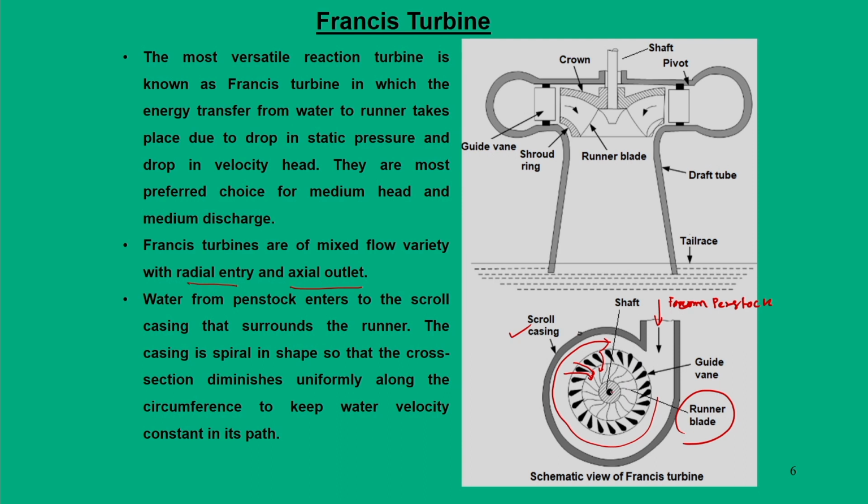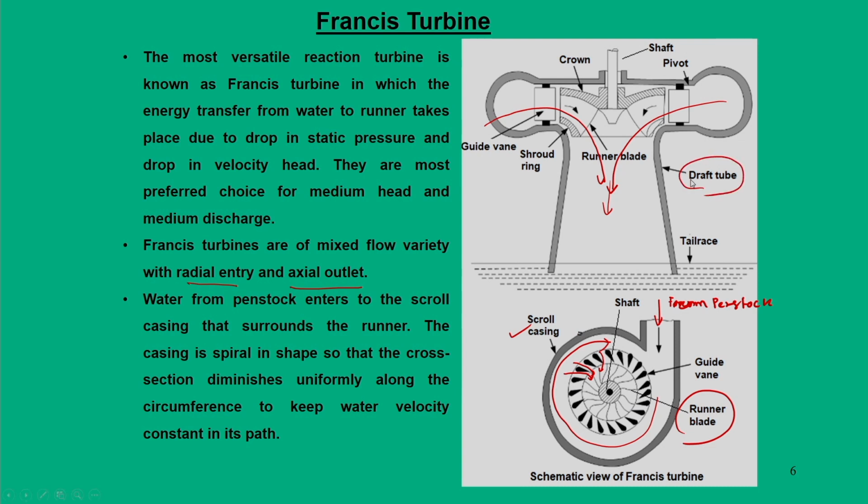Now, when it is discharged vertically to this plane, you can see the water that comes from the guide vane to this, it comes through in this top view. You can see how water is allowed to get discharged after the runner blade, and it passes in a controlled way through a tube, which is called a draft tube.